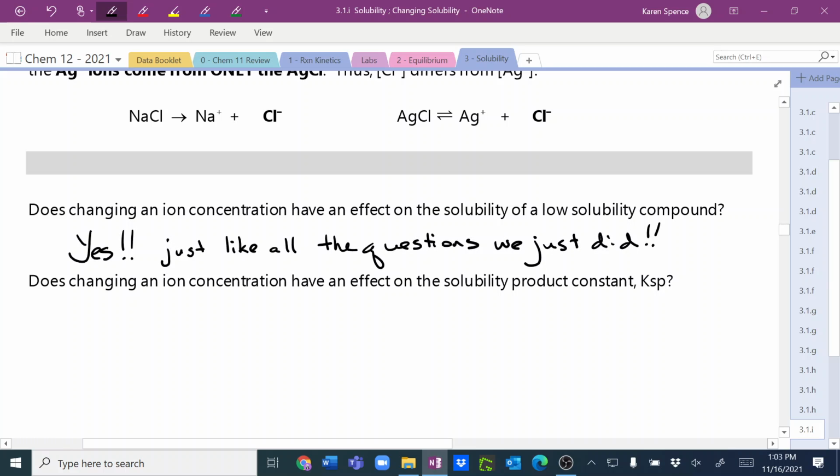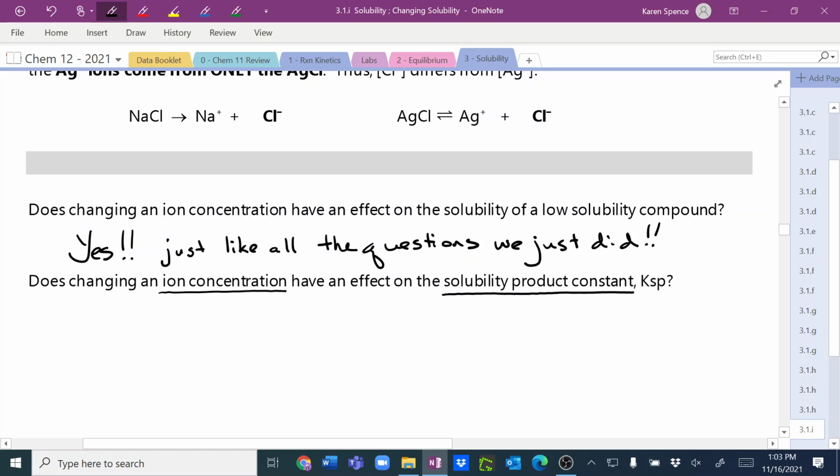But the reason I'm asking this one is because what I really want to ask is, does changing an ion concentration have an effect on the solubility product constant?